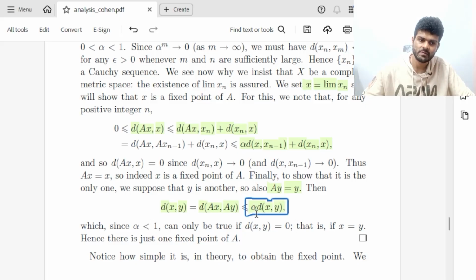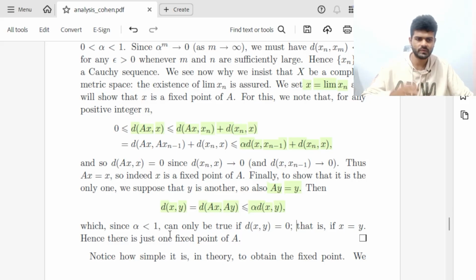Since alpha is less than 1, this is not possible unless the distance xy is 0. So this essentially proves that there's just one fixed point. That's the proof of the fixed point theorem.